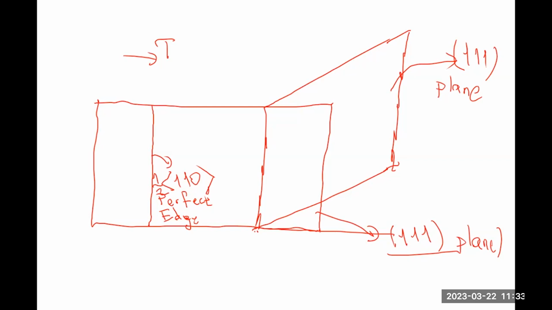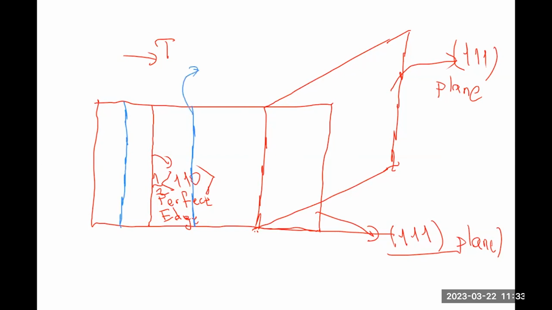Then, do you think this edge dislocation will glide as a perfect edge dislocation, or will it dissipate into some dislocations? It will dissipate, I think. Perfect. So the edge will dissipate into the partials, either Frank partial or Shockley partial.